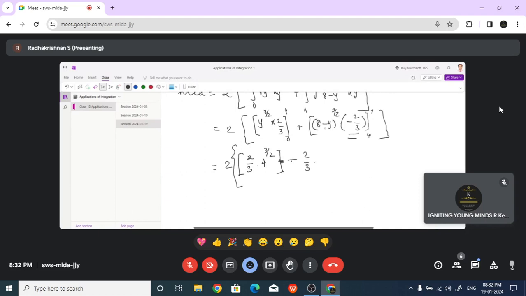Eight minus y, you put y equal to 7, you get 1 to the power of 3 by 2, minus y equal to 4, you get, so this is minus 2 by 3 into 8 minus 7 to the power of 3 by 2 minus 8 minus 4 to the power of 3 by 2.